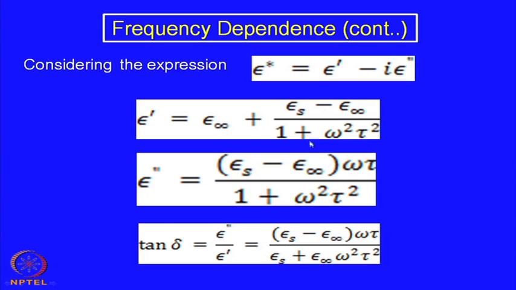Okay. These are the two constants, and they are frequency dependent by this process, and tau is the characteristic time constant for this particular process.